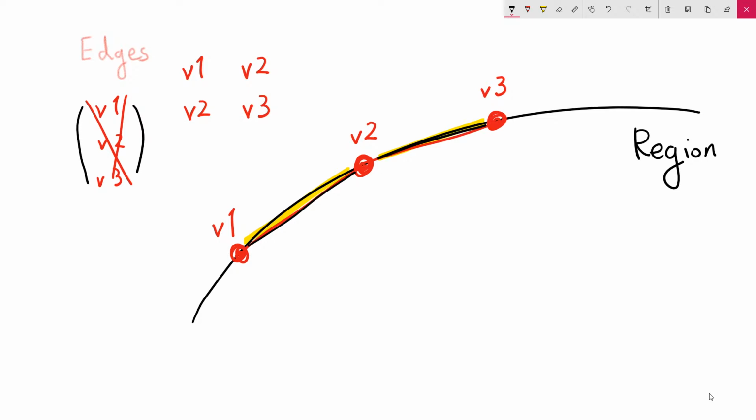Okay, it exists. However, we have another possibility: V1, V3, which does not exist. So we have to do additional work to exclude the possibility of an edge connecting V1 and V3. So we need this kind of description.